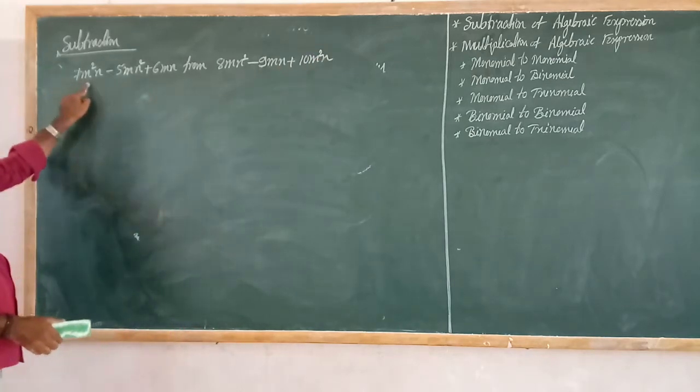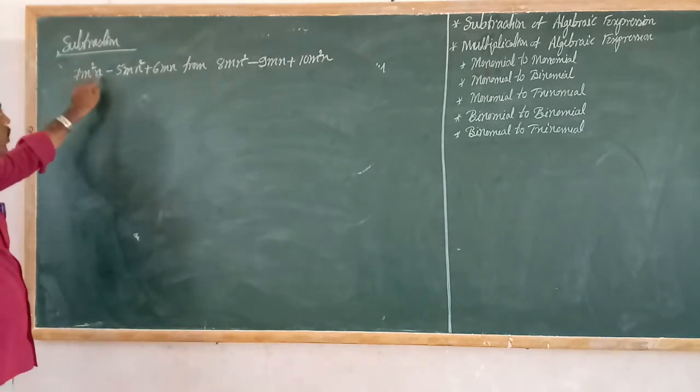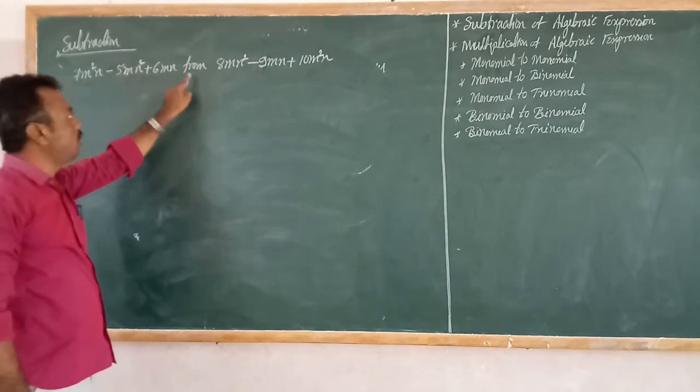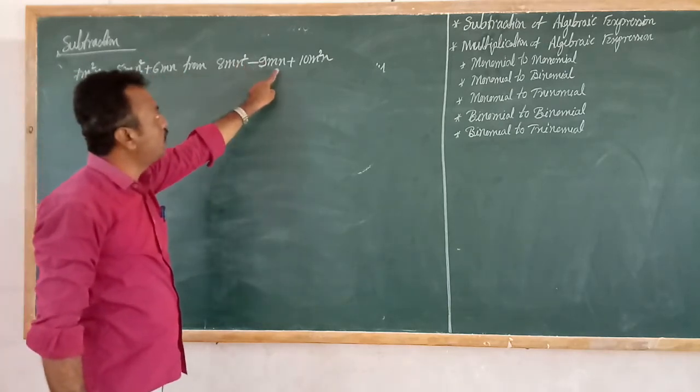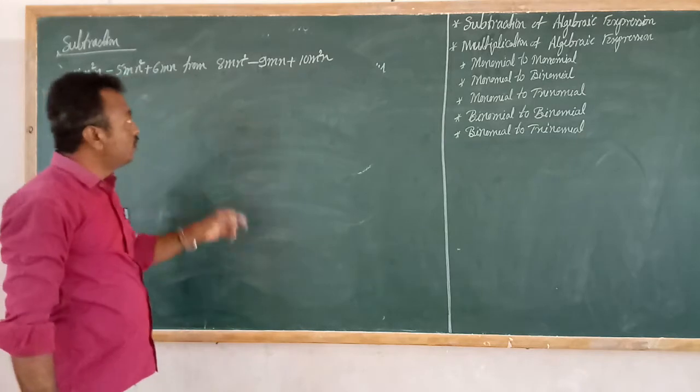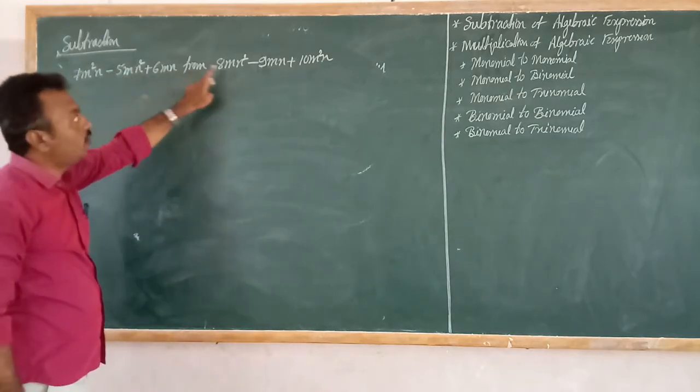See, we have to do subtraction in this one. Subtract 7m square n minus 5mn square plus 6mn from 8mn square minus 9mn plus 10m square n. See, the word "from" is there, so we have to write this one first.